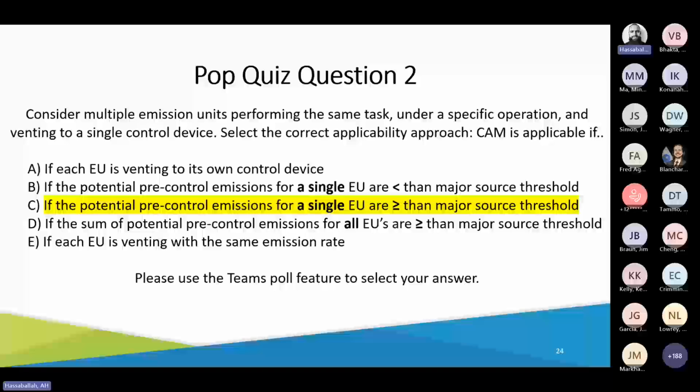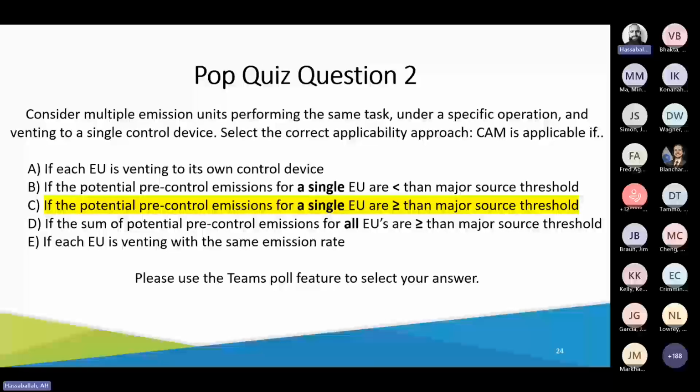Potential pre-control emissions would be calculated for each pollutant-specific emission unit. And if those emissions are less than the major source threshold, then that emission unit is not subject to CAM for that pollutant. It may be very likely that the emission unit would be subject to CAM for another pollutant.